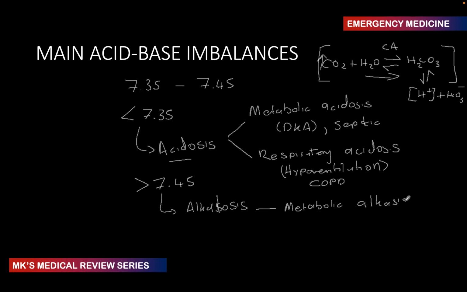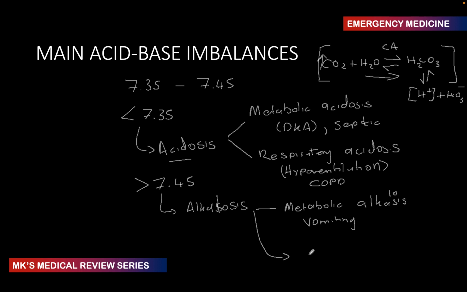For example, if someone is losing acid in their system, for example, vomiting, they're losing that acid that's present and some of these electrolytes. So usually GIT related issues, vomiting and all those things, are going to be causing a metabolic alkalosis.